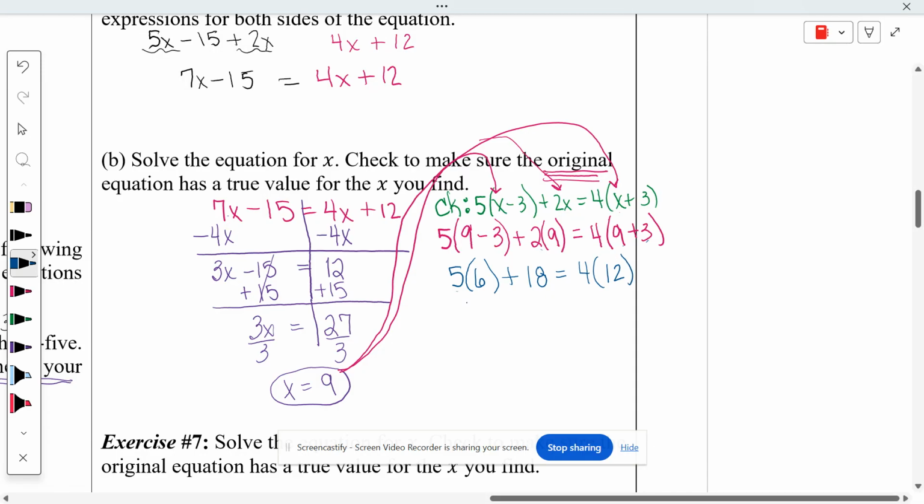What is 5 times 6? 5 times 6 is 30. So I have 30 plus 18 equals 4 times 12 is 48. Well, what is 30 plus 18? 30 plus 18 is 48. And 48 does, in fact, equal 48. So we've done the check with the original equation, which proves that our solution, x equals 9, is, in fact, true.